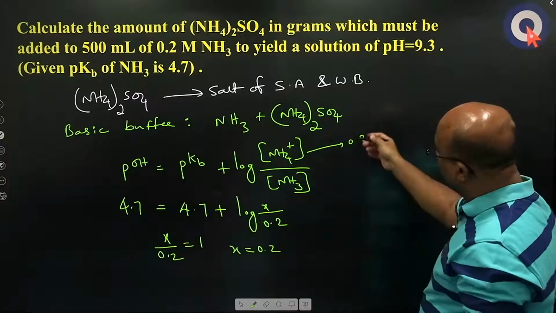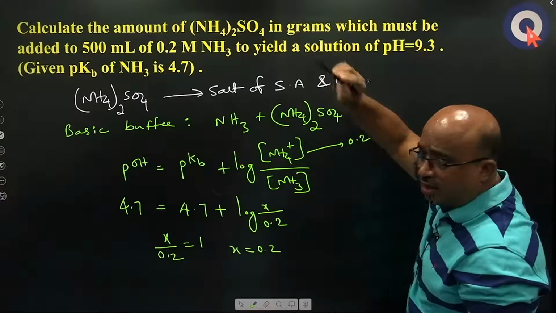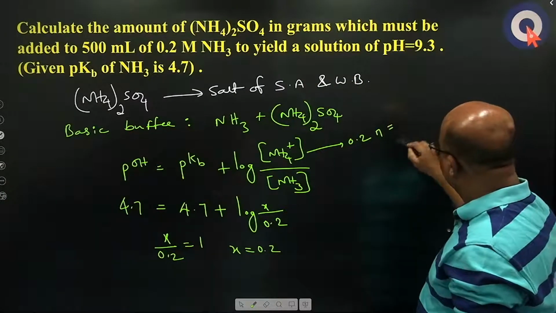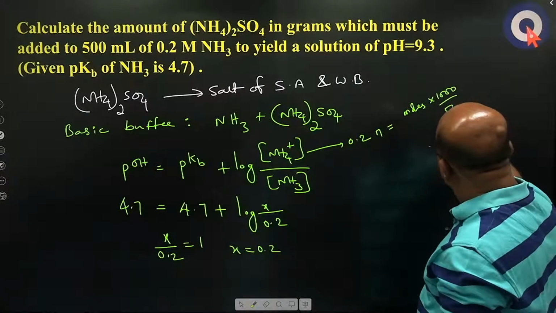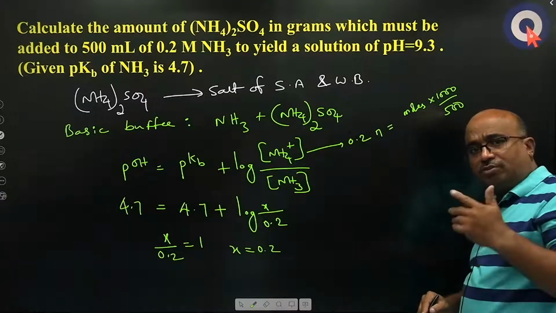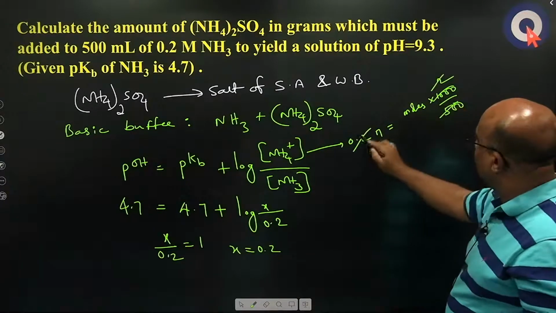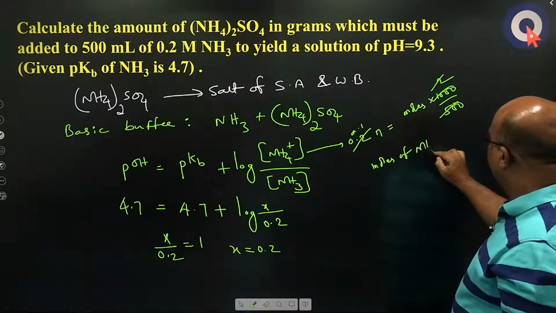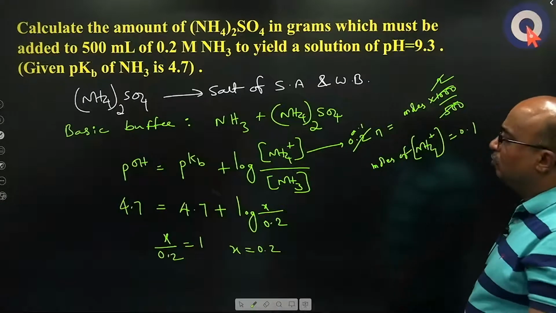So the concentration is in terms of 500 ml. If the concentration is 0.2 molar, the moles should be 0.2 into 500 by 1000, because we need the grams of ammonium sulfate. So this is nothing but 0.1. So the moles of NH4 plus is directly 0.1. What should the ammonium sulfate be?